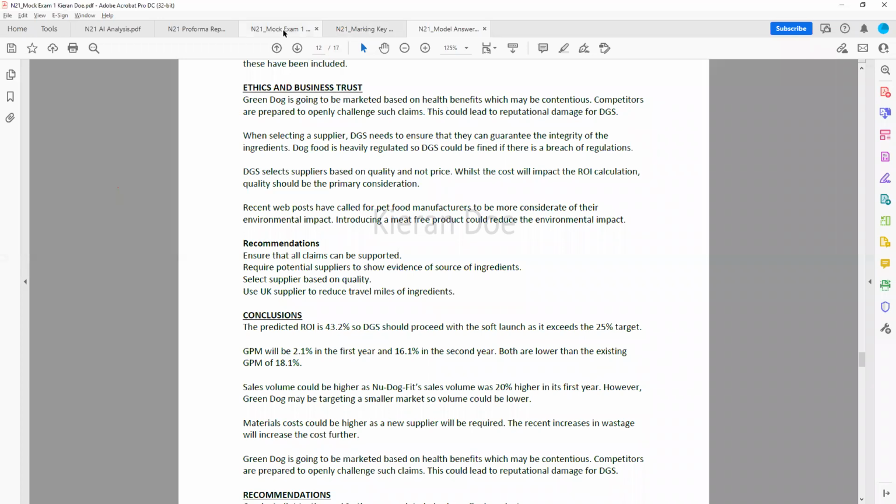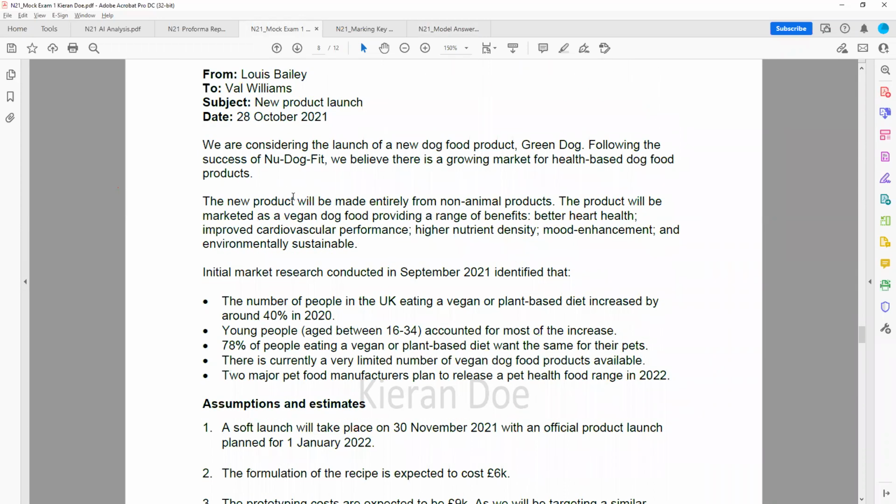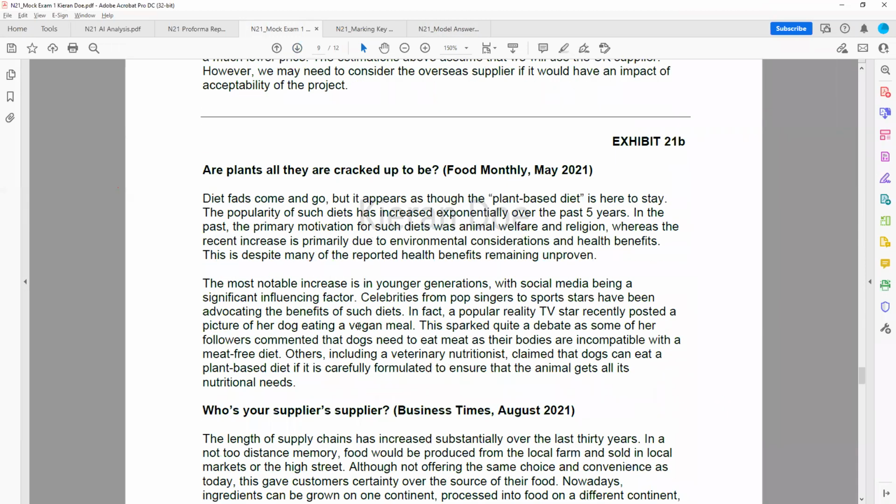So I think here in this one, we were told that the company was going to market it based on all of these particular claims like better heart health, improved cardiovascular performance, higher nutrient density, etc. But then in one of the media articles, it says some of these claims are a bit contentious. And we knew from the AI that rival firms were prepared to challenge claims made by other firms in the industry.